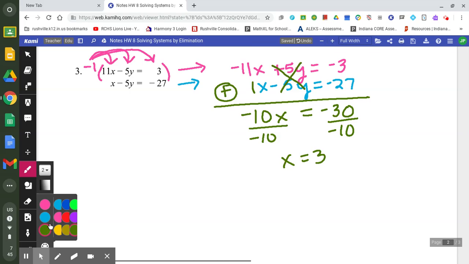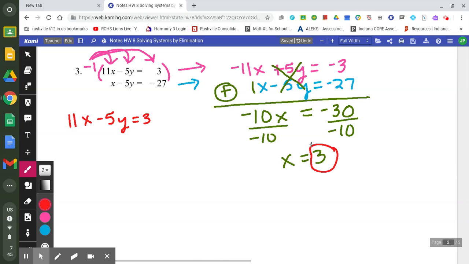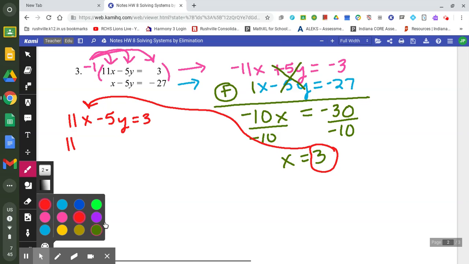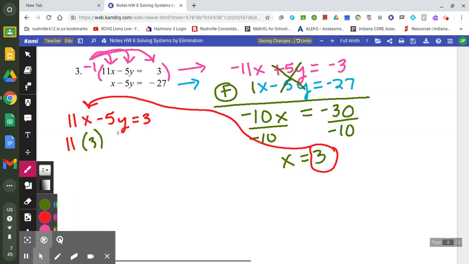So in order to find the y, I'm going to take my first equation, 11x minus 5y equals 3. And I'm going to take this 3 and put it in for the x. So I will have 11 times that 3 minus 5y equals 3.